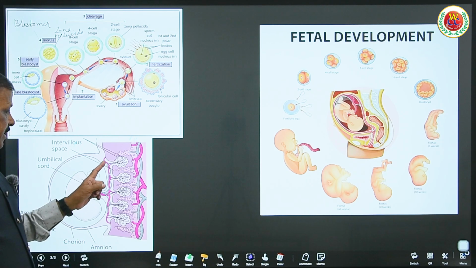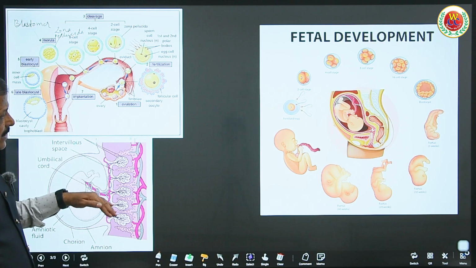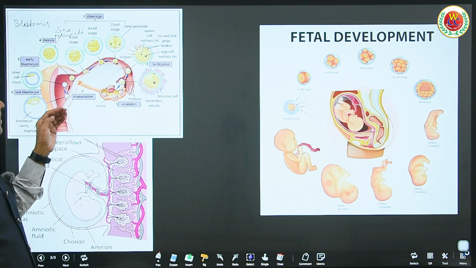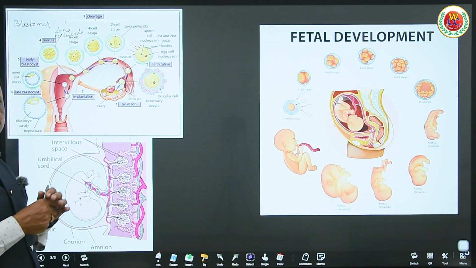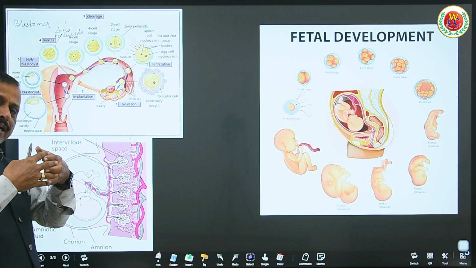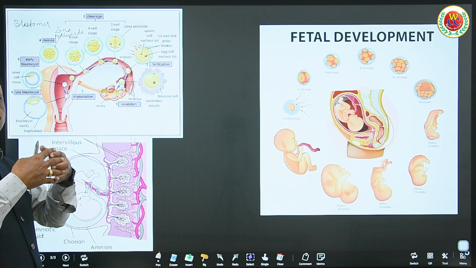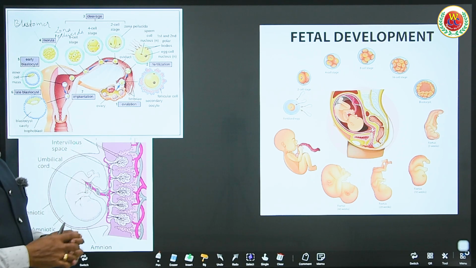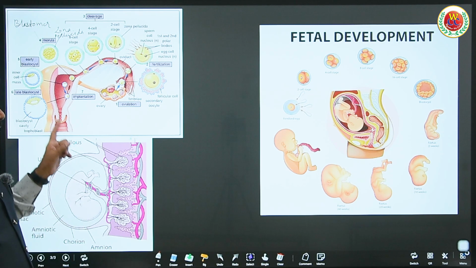I hope you get how this is implanted. Later stages are different, but initially it gets implanted by the formation of interdigitation between the chorionic villi of the fetus and the endometrial wall of the mother for firm attachment. Progesterone prepares the entire condition for implantation, therefore progesterone is also known as the maternal hormone. I hope you got it.